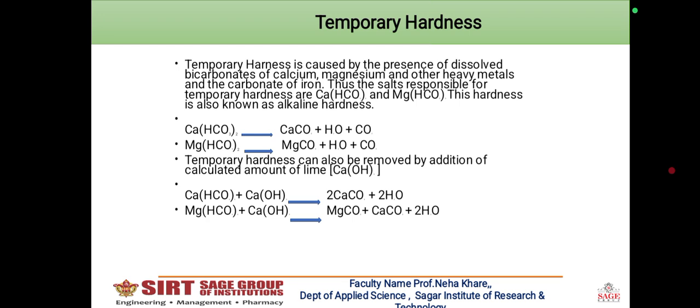Calcium bicarbonate reacts with calcium hydroxide, Ca(OH)2, which is lime, to produce calcium carbonate and water. Magnesium bicarbonate reacts with Ca(OH)2, lime, and magnesium carbonate, calcium carbonate and water molecule are produced.